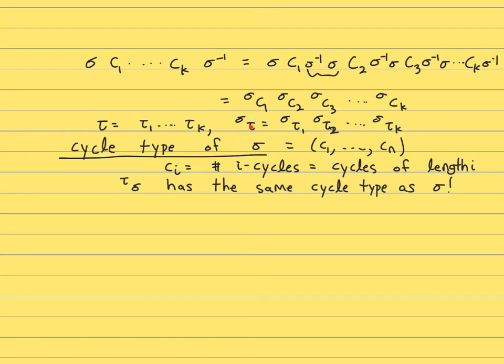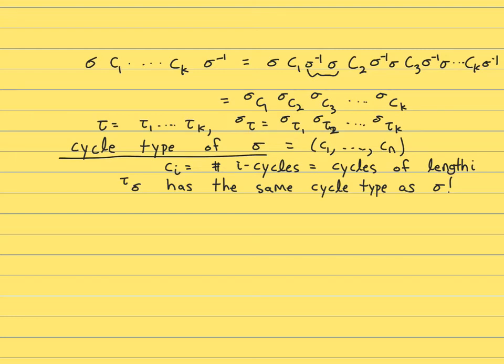Why? Because the conjugate of the product is the product of the conjugates. In this case, when you're working with disjoint cycles, the conjugate of each cycle is another cycle of the same length. So you don't change the lengths of any of these cycles, and so you have the same number of cycles of each length.